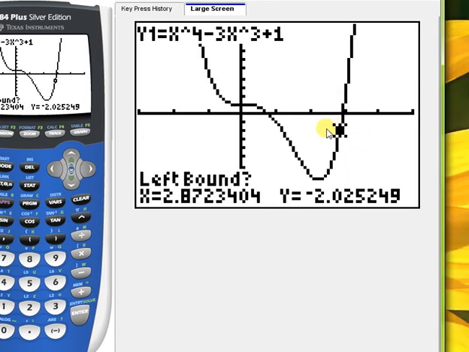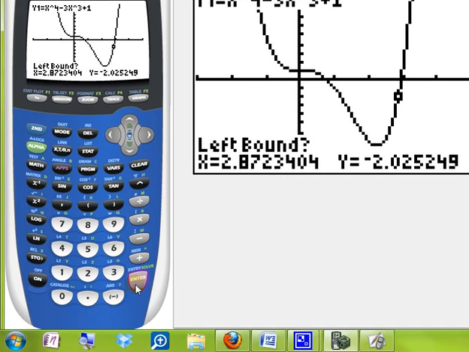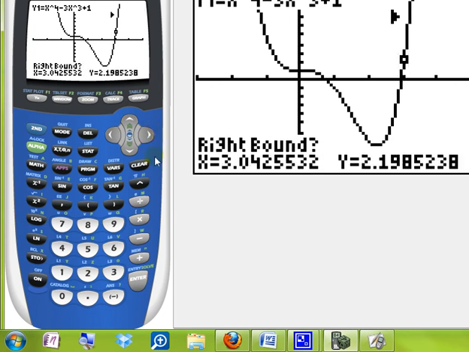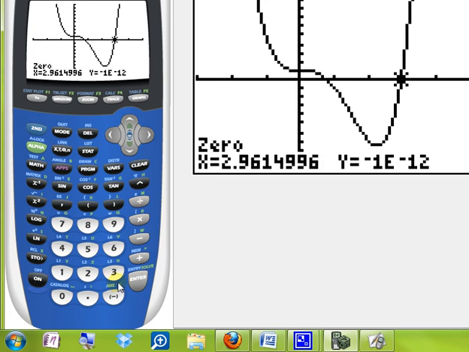If you put your finger on the left and your other finger on the right, you would see that this is the left side of the graph. I'm going to hit enter. Now I'm going to pull that blinking cursor to the right side of that graph, again, more to the right, and hit enter. And again, your zero is at 2.96.